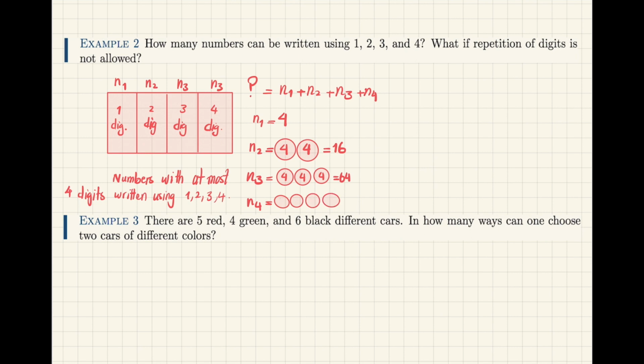So here I have 4, 4, 4, and 4, so this becomes 256. So the answer that I write here is 4 plus 16 is 20, plus 64 is 84, plus 256, so it is 340.